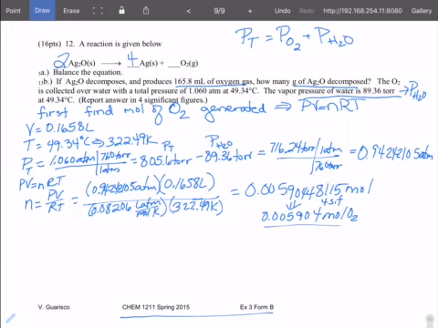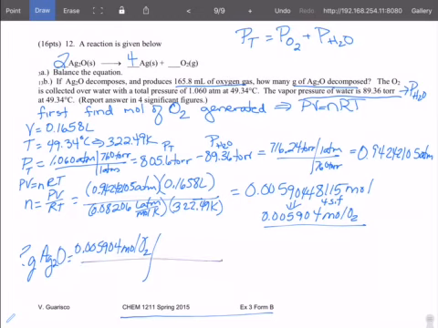So, we've got our moles of oxygen, but that's not what we want. We want to know how many grams of silver oxide were decomposed. So, we're going to start with our moles of oxygen, and we're going to leave it in moles because we're going through the equation, and we know that for every 1 mole of oxygen, we had 2 moles of silver oxide.